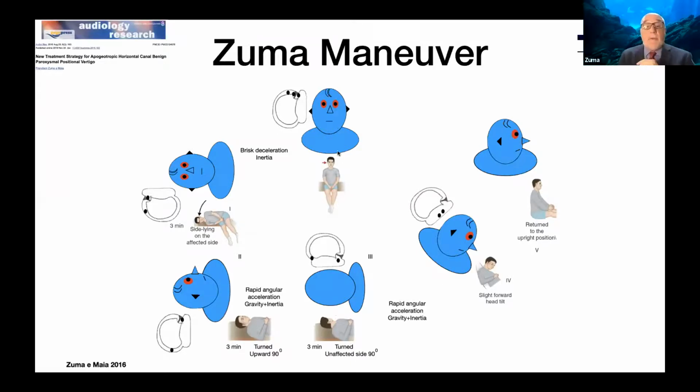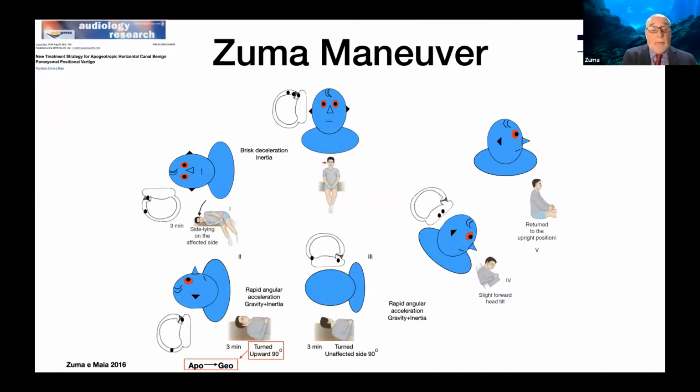We start with the patient sitting toward the affected side, and we do the brisk deceleration in order to detach the otoconia, like the Gufoni maneuver. Okay, we wait 3 minutes in each step. The second step is to turn upright toward 90 degrees with rapid angular acceleration and gravity plus inertia.